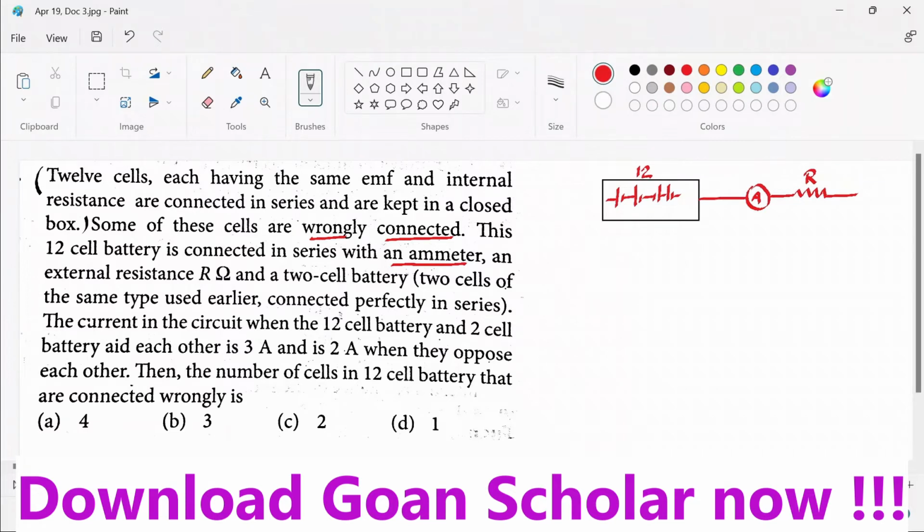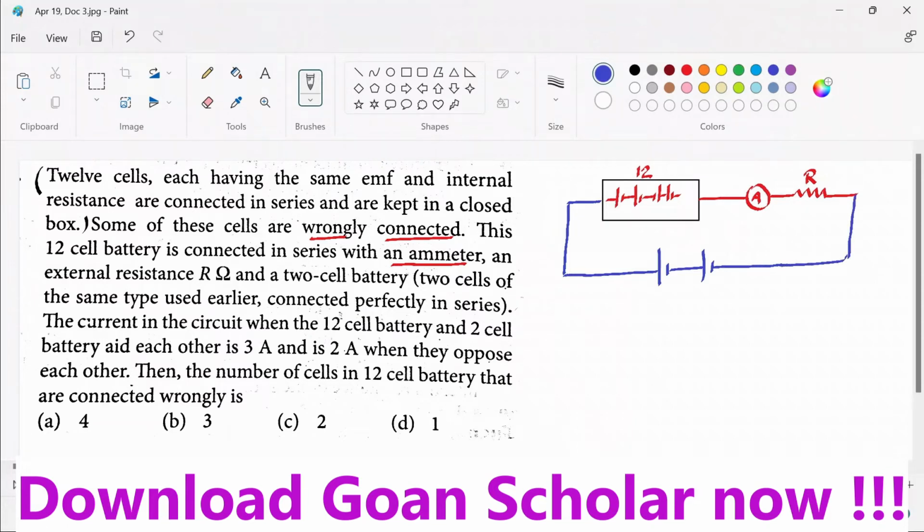Let me connect it here like this. 2 cells of the same type used earlier, connected perfectly in series.